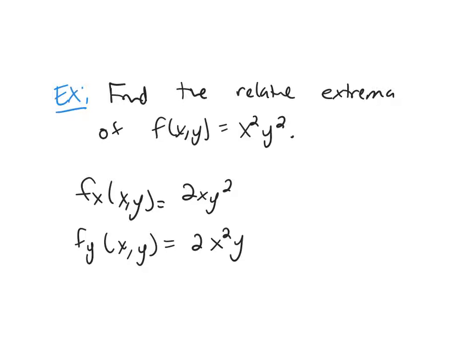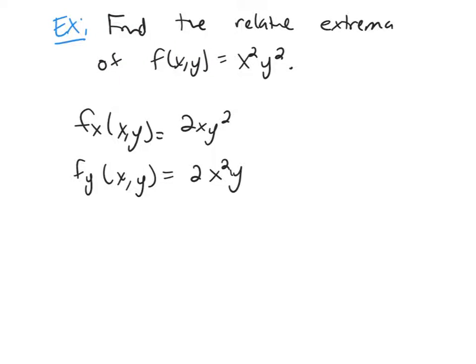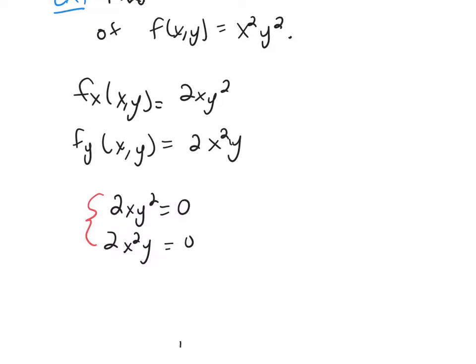These are polynomials, so they're always defined. So then I look here at my system of equations. These are going to be true when either x equals 0 or y equals 0.